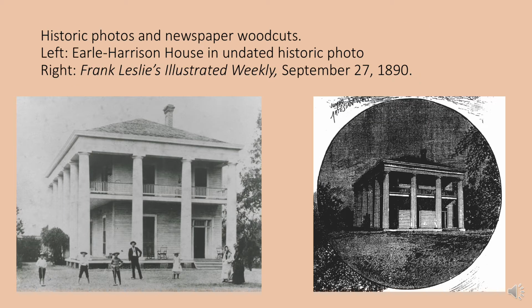Another very important source, but oftentimes unavailable for many buildings, are historic images of buildings, historic photos, for example, or woodcuts out of newspapers. We're still here with the Earl Harrison House, one of the oldest houses in Waco. And you see on the left the building on its original location and with members of the family that was occupying it when this photograph was taken, probably the Harrison family.